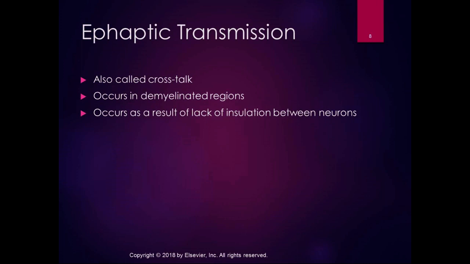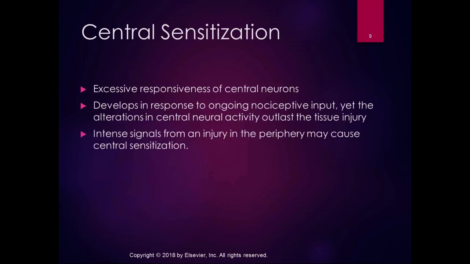Central sensitization is excessive responsiveness of central neurons, so not the peripheral neurons, but the central ones. It normally develops in response to ongoing nociceptive input, but the alterations in central neural activity outlast the tissue injury.